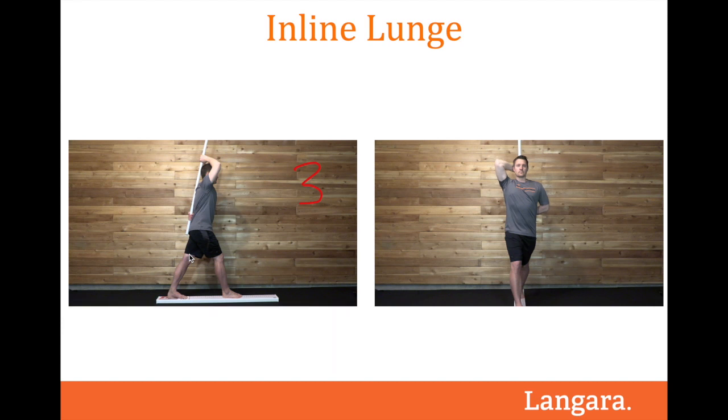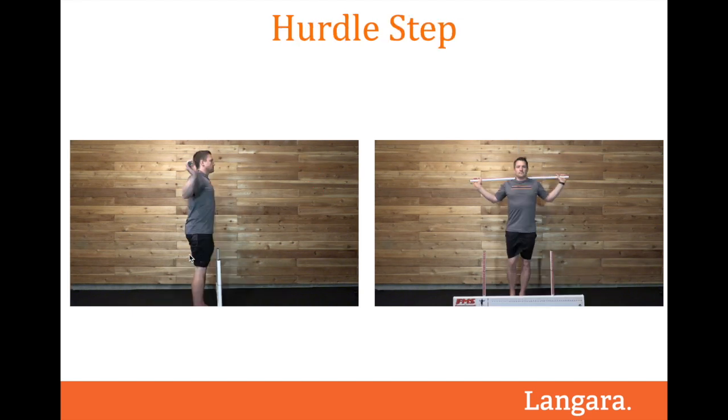Now, the next test we'll look at is the hurdle step test. The first thing to note about the hurdle step test is you see I have a little wire here. That wire is what we have to step over.